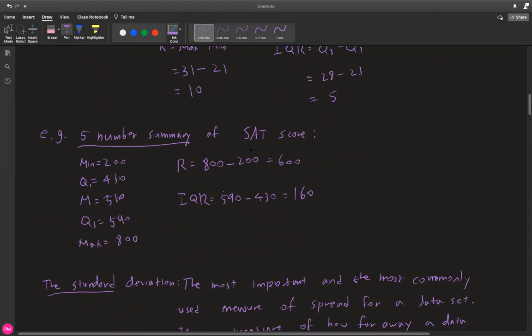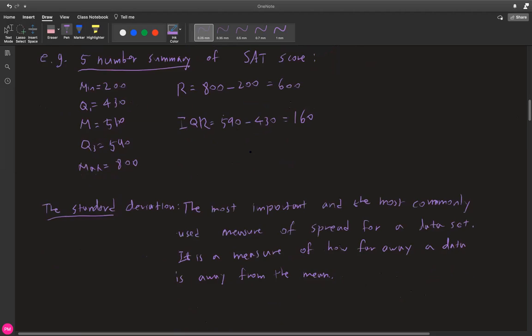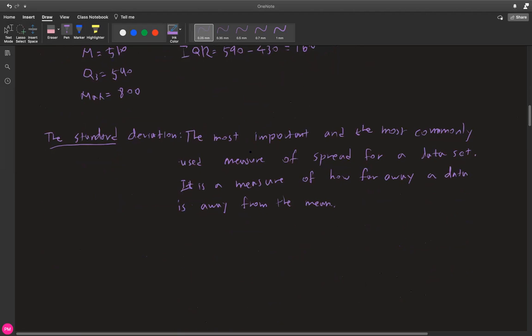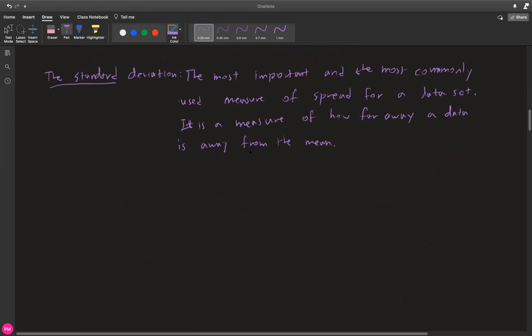And now that makes it not uniform. So the standard deviation is basically standardizing all the distances, a tool to measure distance in a very standardized way, as the name suggests.